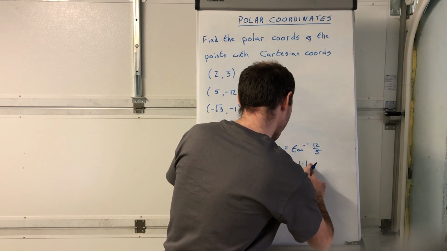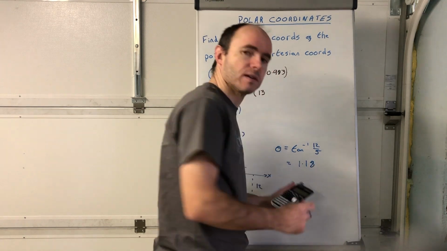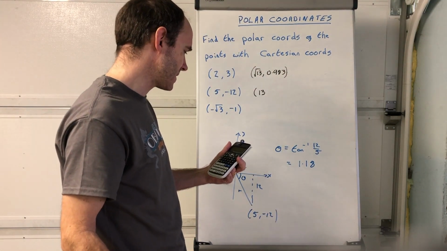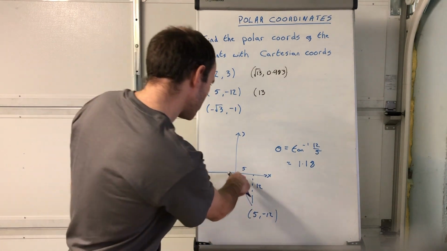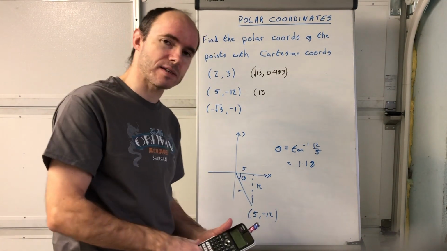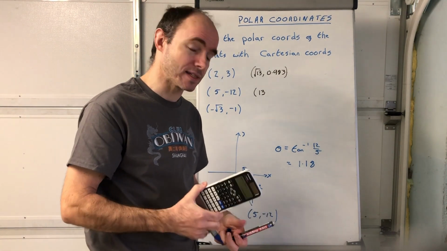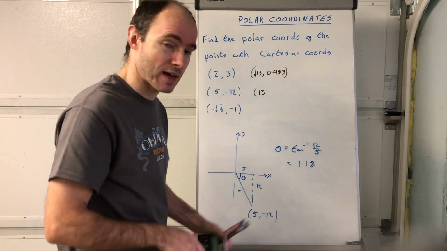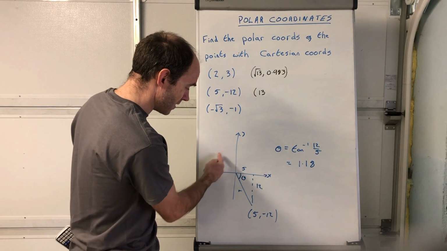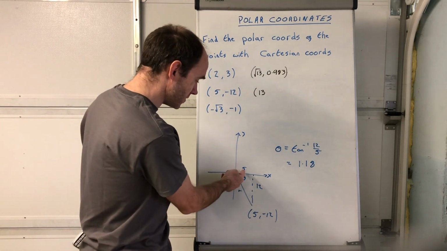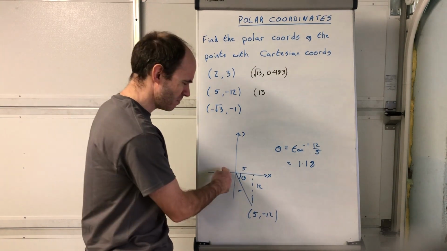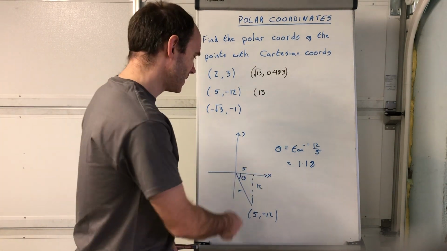Can I put 1.18 just to be consistent with the 3 figures? So 1.18, and notice that's below the x-axis, so I'm going to record that as a negative value. Remember, with polar coordinates, you can either have values of 0 round to 2 pi, or 0 to pi, or 0 to negative pi, or negative pi to 0 strictly speaking, but you know what I mean.